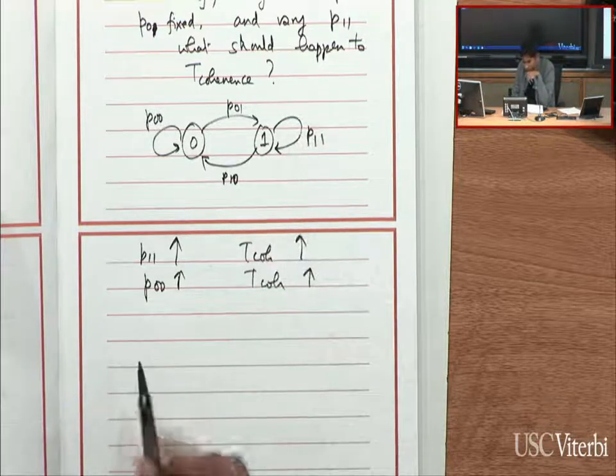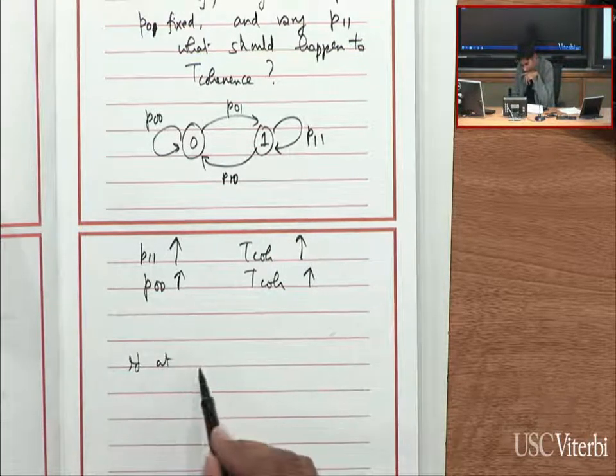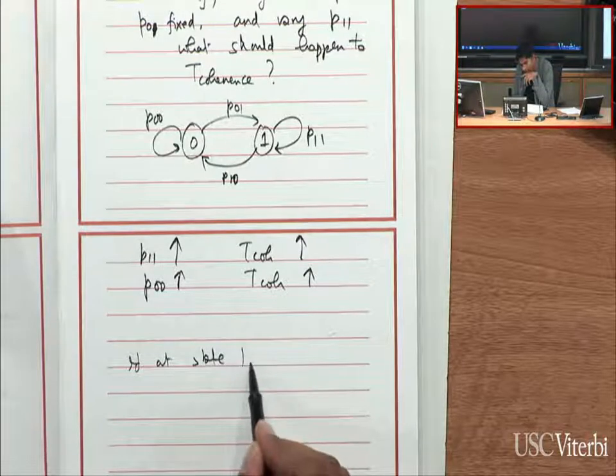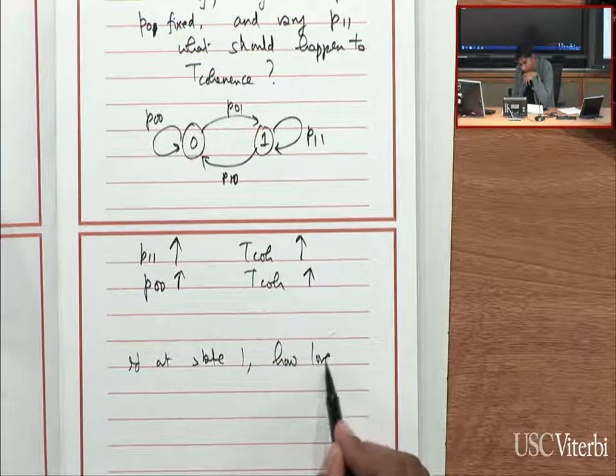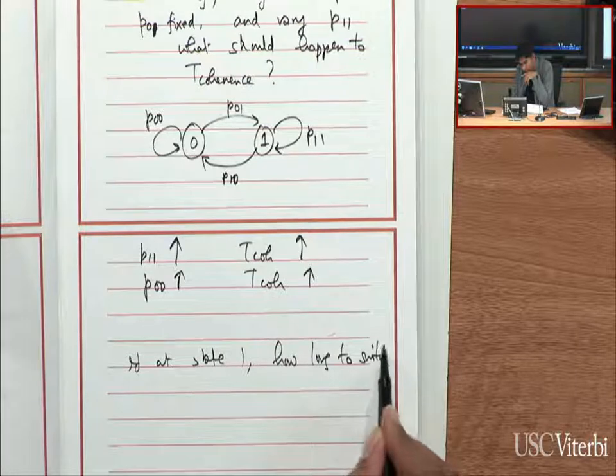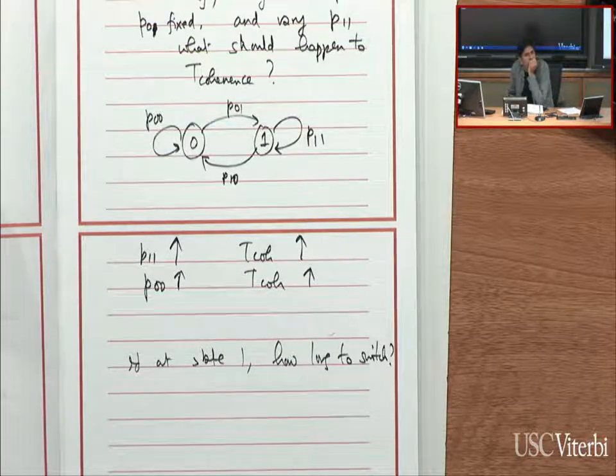So I guess I'm trying to say, if we're at state 1, how long will it take to switch? So if I'm at state 1, and I keep tossing a coin, with probability P11, I don't switch.